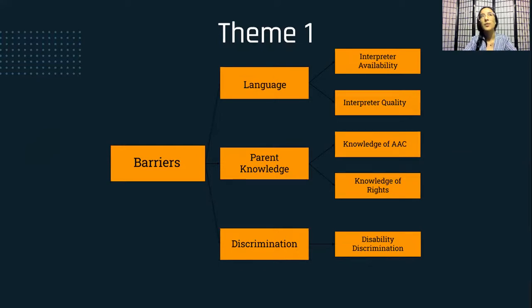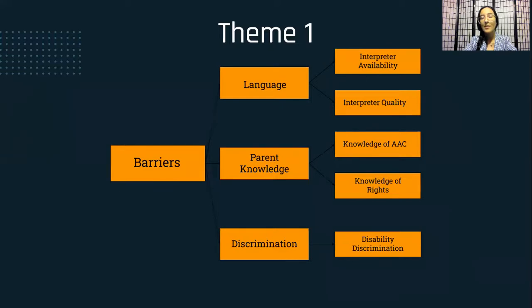In terms of interpreter availability, she talked about 2 settings. She talked about the school setting and also her support group setting. So in her support group, she mentioned that even though there were interpreters available for certain workshops that her support group hosted, not all workshops had an available interpreter in Spanish.